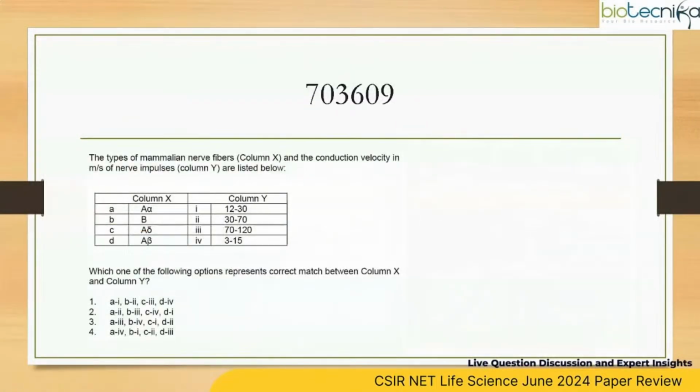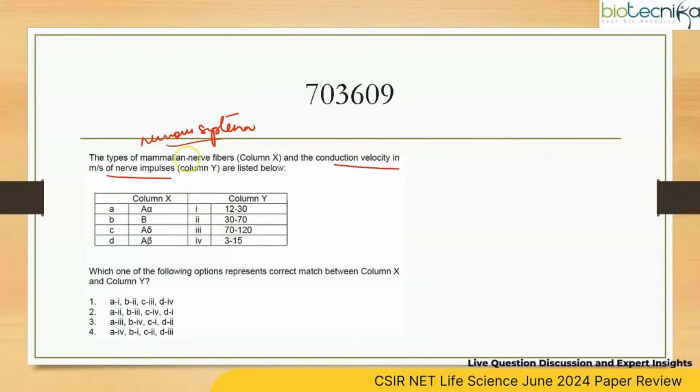Okay, now let's move on to the next question. This question is again from the nervous system. It is not very simple, I would say, because here you need to know the match the following. You need to match the type of mammalian nerve fibers with the conduction velocity in meters per second of nerve impulses, that is in column Y. For this you need to know the exact values, only then will you be able to solve this question.